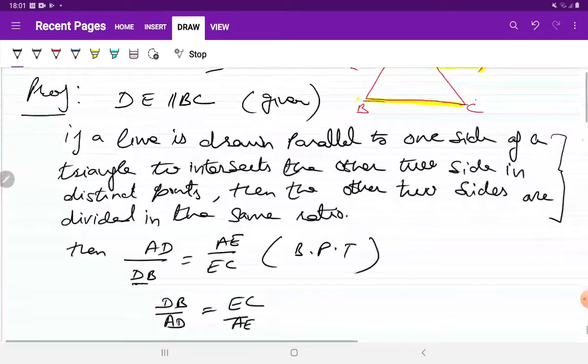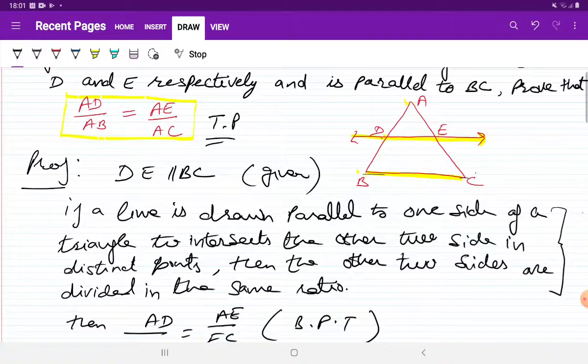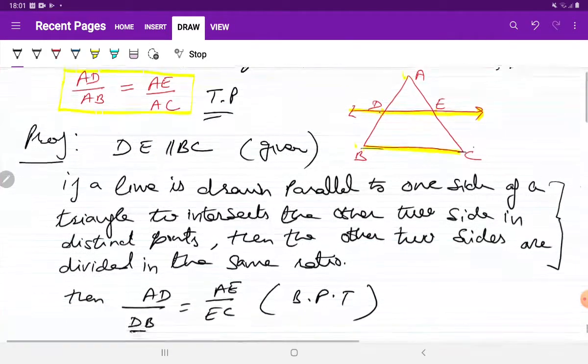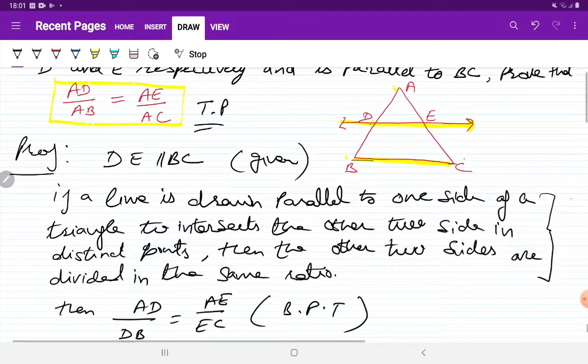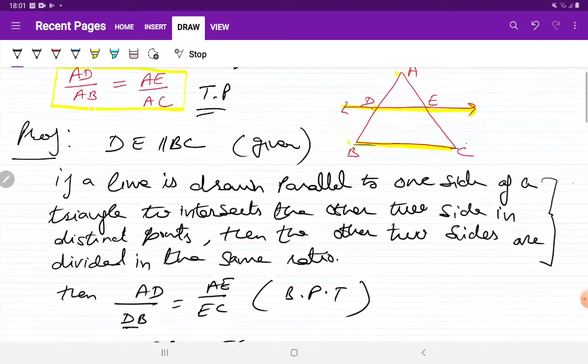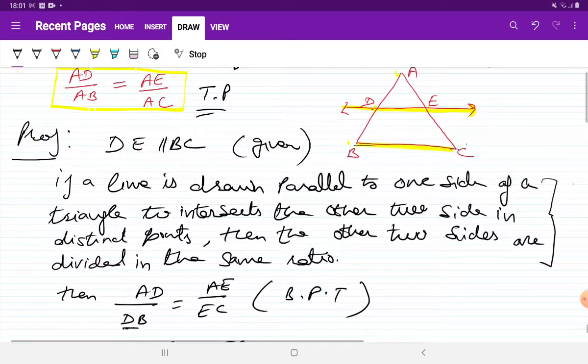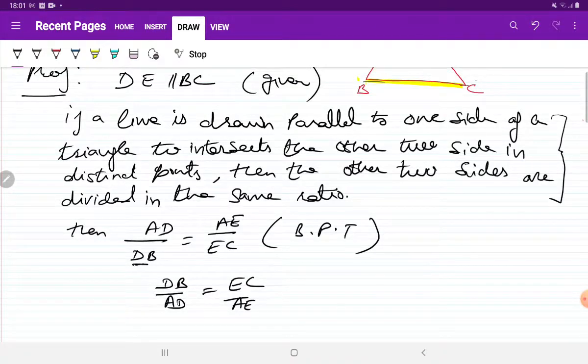Because I need AD upon AB, but what do I have? I have AD upon DB. When will AB come? When I add AD plus DB, then I'll get AB. So I have only DB. So to get AB, I have to add DB in AD or AD in DB. So for that I have to shift this in the denominator. I wrote it inverted.